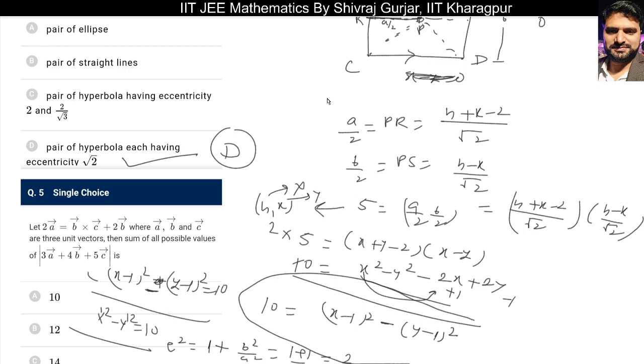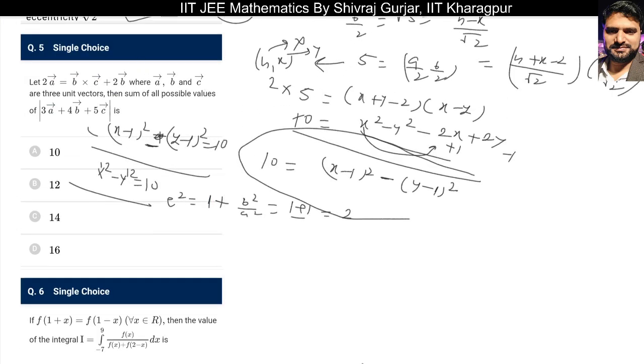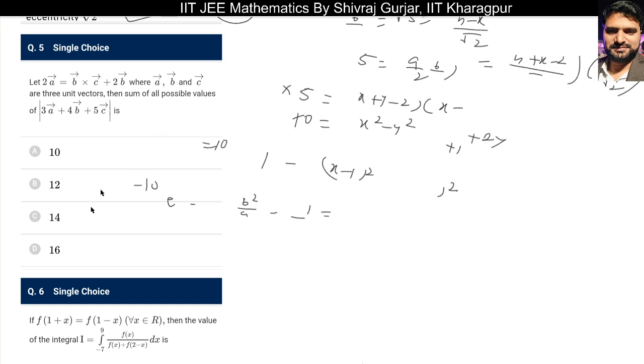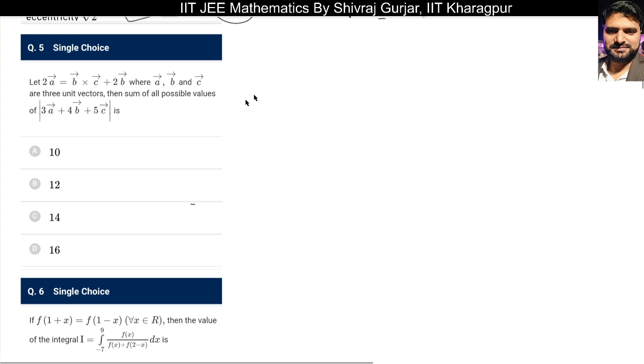Okay, now let us take the next question. What is this question? Let 2A vector is B cross C plus 2B, where A, B, C are 3 unit vectors, then find the sum of all possible values of this expression.